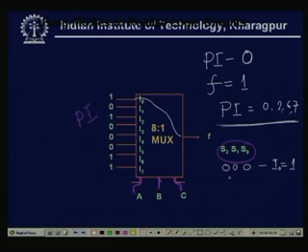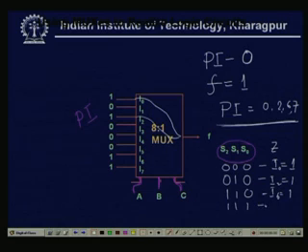Then 2 means it is 0 1 0, then this is I2 which is kept as 1. If it is 6 means 1 1 0, then I6 is 1. It is 1 1 1, then I7 equal to 1.